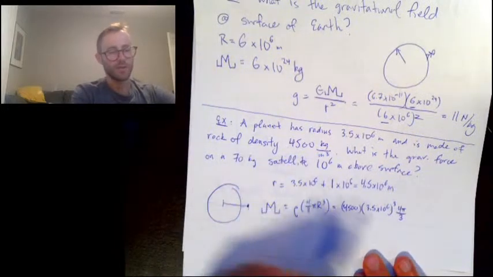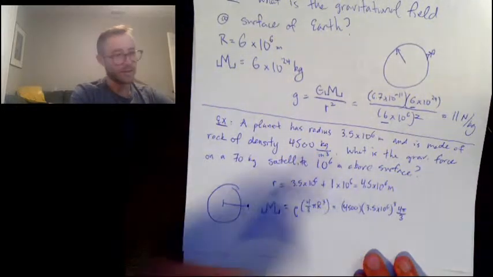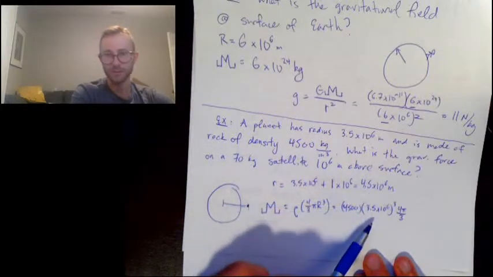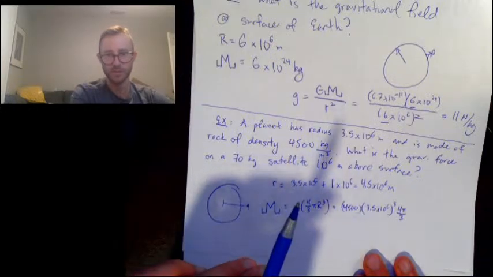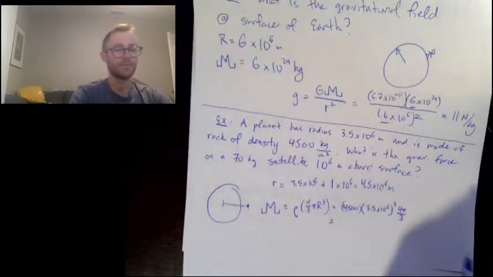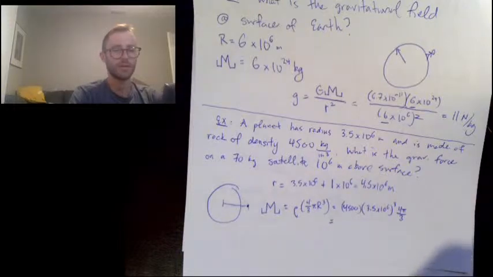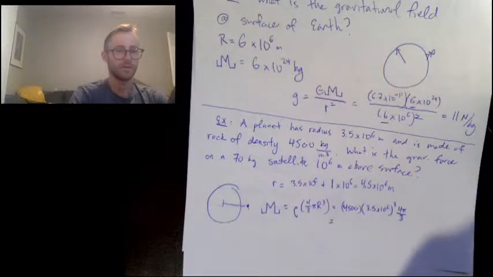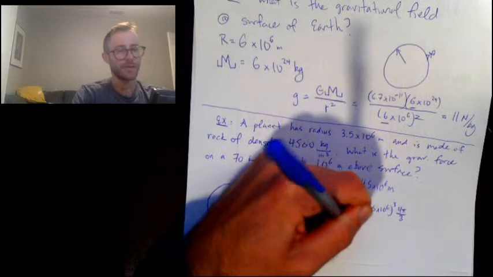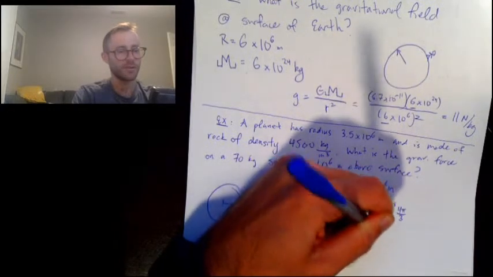Keep in mind that the r value I'm using in this equation is the radius of the planet. So I'm not using 4.5 times 10 to the 6th, I'm using 3.5 times 10 to the 6th. That gives a mass of 8.1 times 10 to the 23rd kilograms.